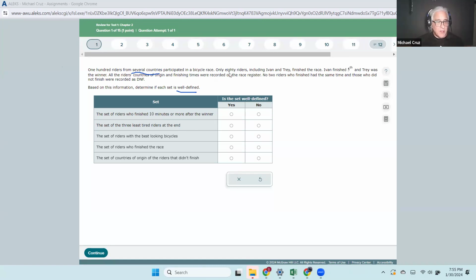So if they finished, they've got a time. Think about it like the Crescent City Classic, where everyone is timed, so they can know at 10 minutes, and you can go in there and look. Go down to 10 minutes, see who's in that time frame. So yes. Okay, the set of the 3 least tired.